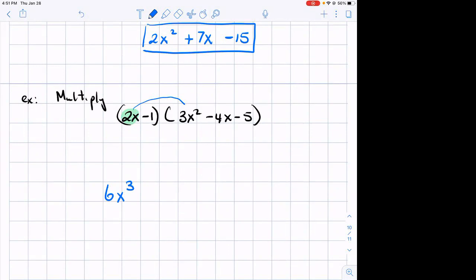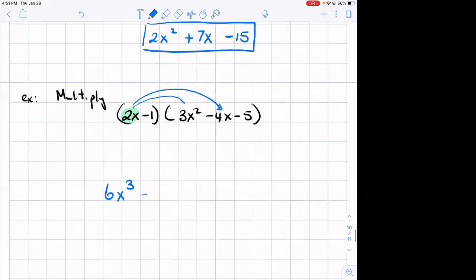Okay? Then we do this again. What is 2x times this? So 2x times minus 4 becomes minus 8x squared. And then we do it again. 2x times this. 2x times minus 5 becomes minus 10x.